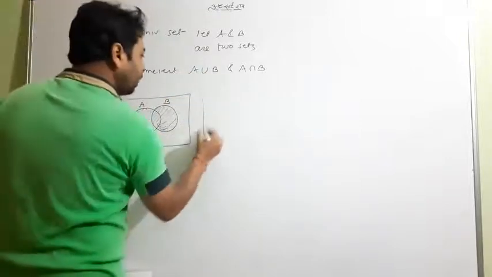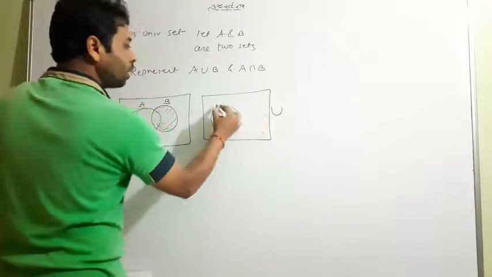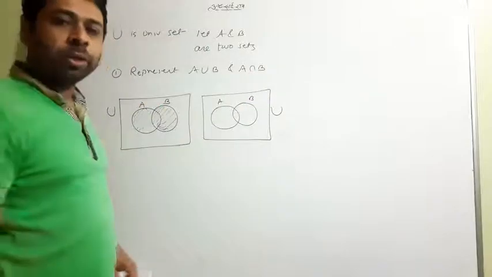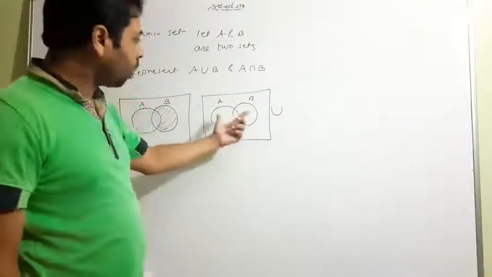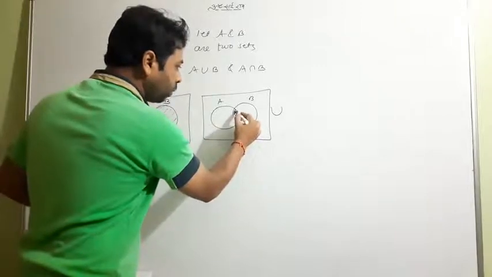Now, suppose this is U, this is A, this is B. What about the intersection? Intersection means only the common element. What is common to A and B? You can see it in this part, so only this part will be shaded.